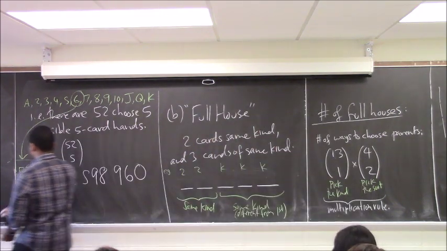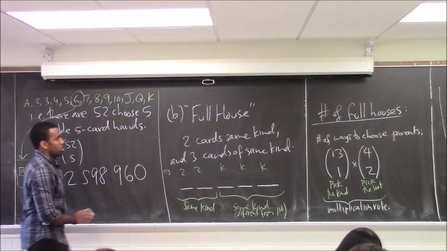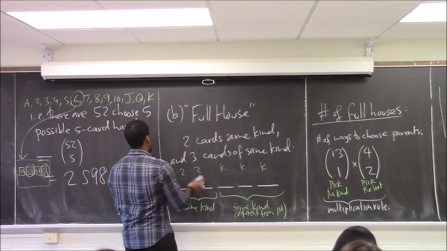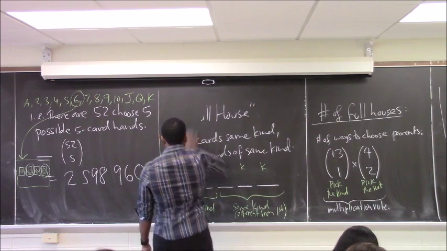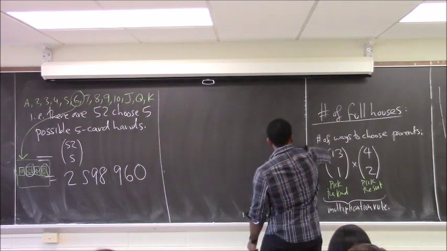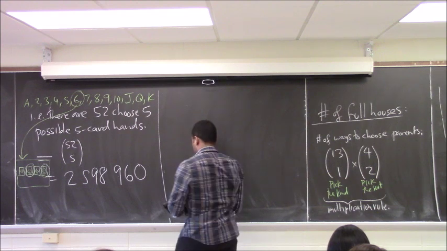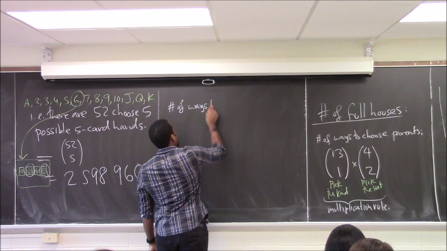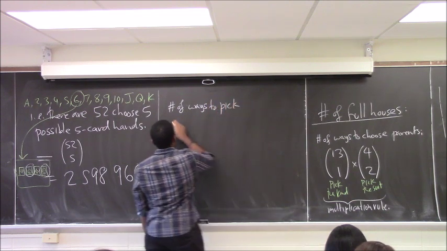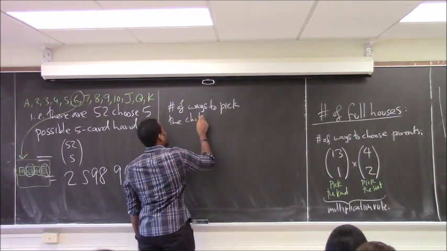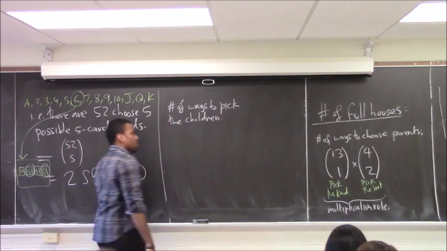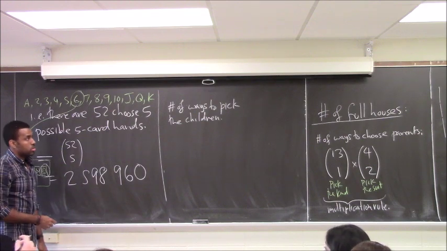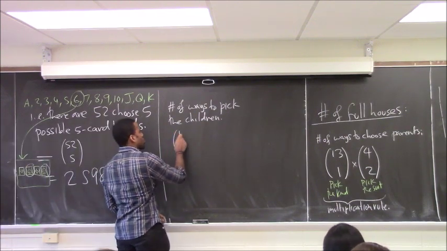How many ways can I pick the children? I'll just use the same principle that I mentioned. 12 choose 1.